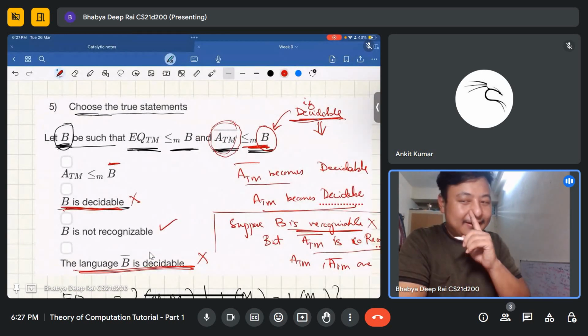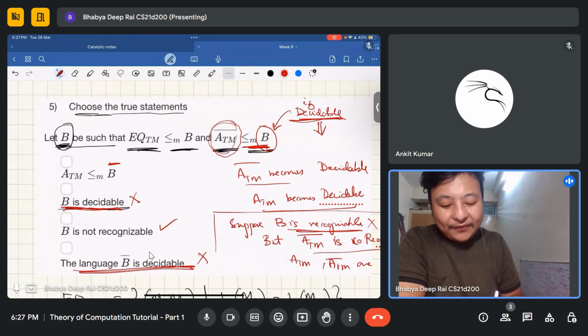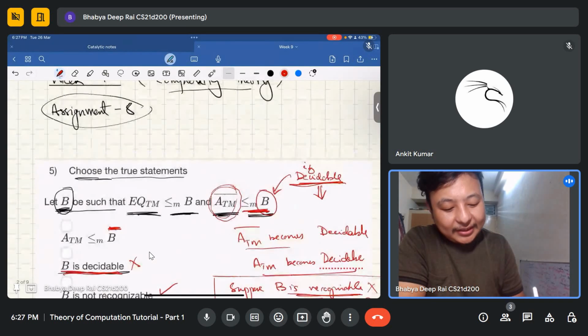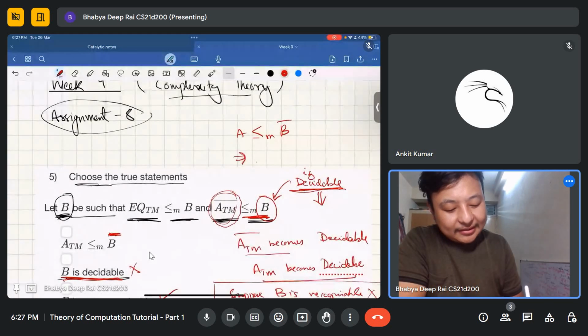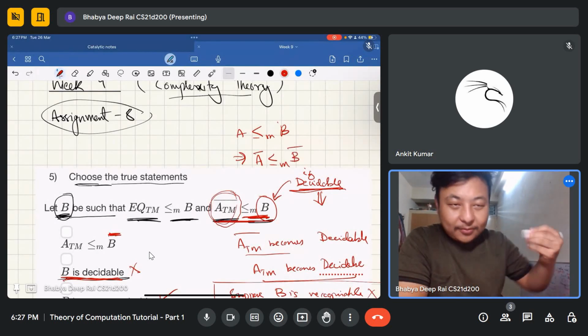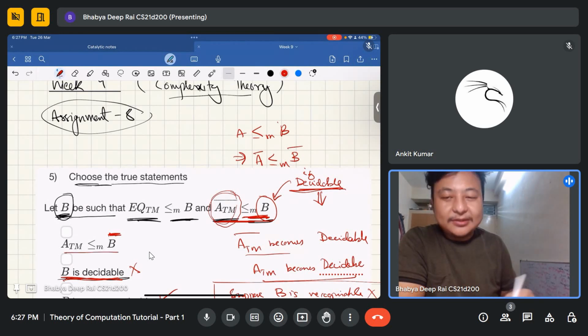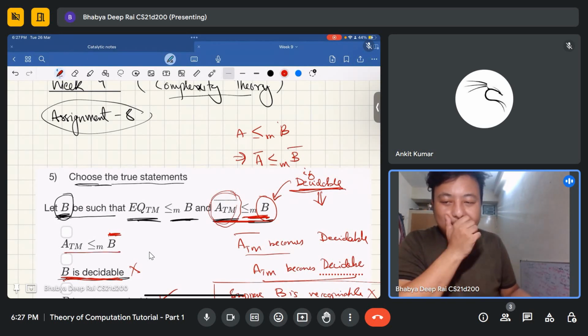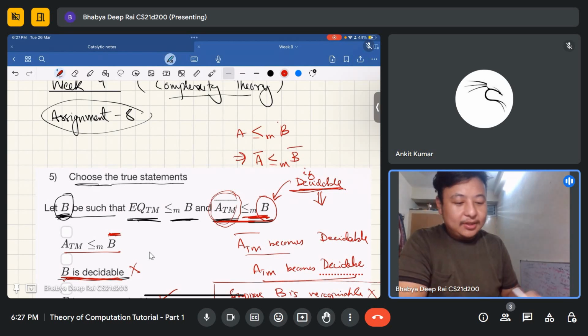I need to clarify in the next class. And if you say A reduces to B, it means that A bar reduces to B bar. It would mean that if ATM bar reduces to B, just complement both sides. It is ATM reduces to B bar.